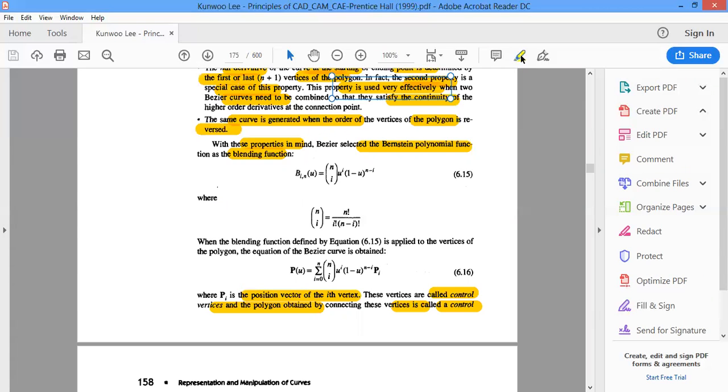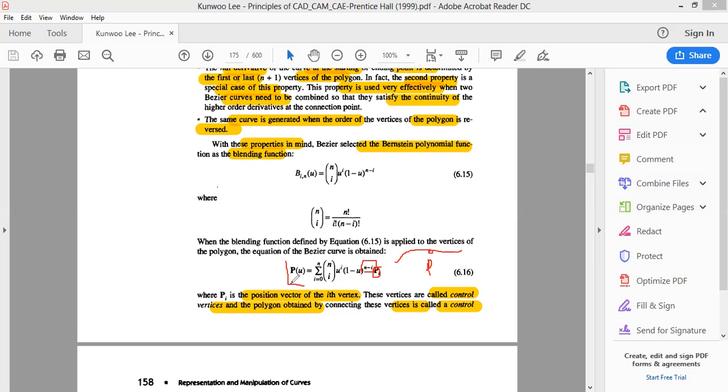So the Bezier curve equation is going to be, if we take it up in u direction, p of u is equal to sigma i equal to 0 to n, n choose i, u to the power of i into 1 minus u to the power of n minus i into p i. So any point onto the curve is what is our p of u, where the curve is going to be extended in the u direction. Right? This is our Bezier equation.